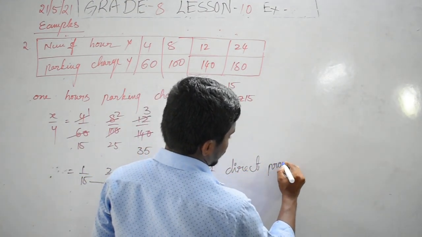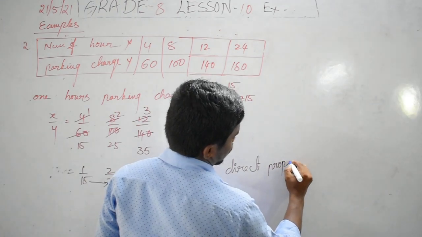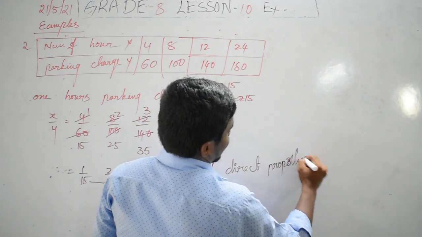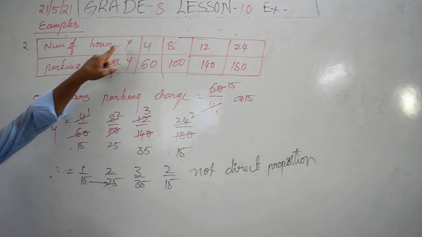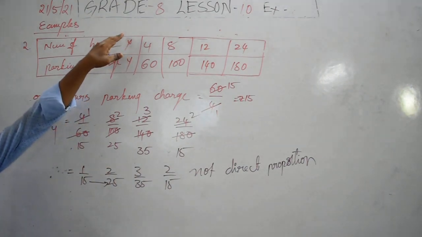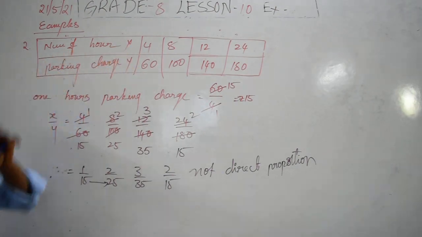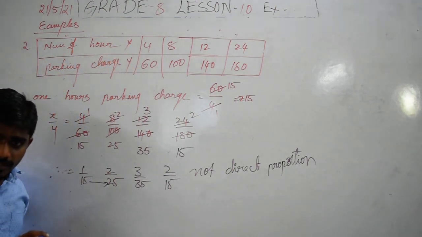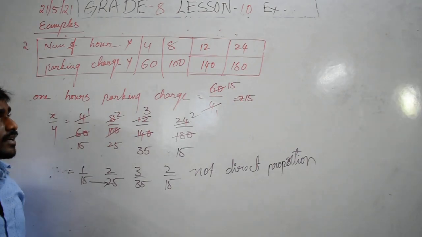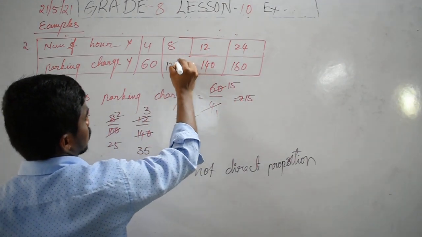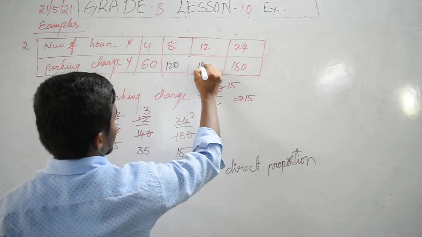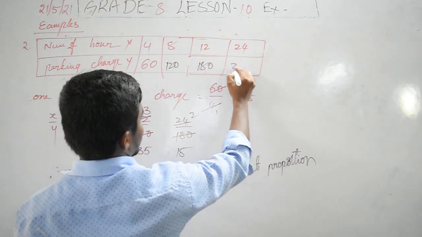Direct proportion. See, now you understand. Direct proportion means the two quantities, x and y, are increasing at a constant, equal rate. Like here, now 120, 180, 360.